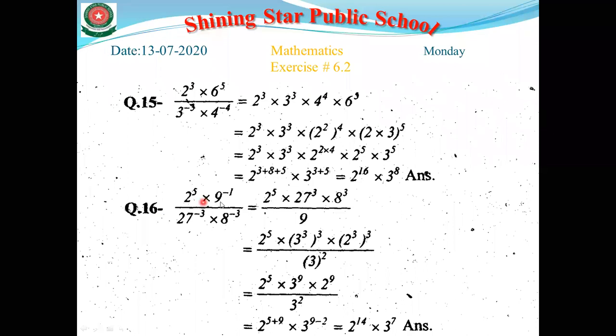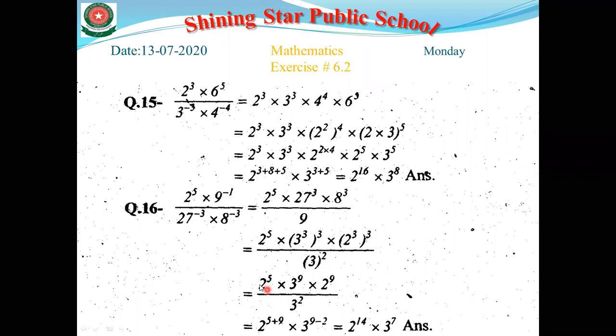2 power 5 multiply 9 power -1, 27 power -3 multiply 8 power -3. When we take 27 up, it becomes 27 cube multiply 8 power 3, and when we take the 9 from the numerator to the denominator, it becomes 9. 2 power 5 multiply 3 cube power 3, 2 power 3 whole cube, and here we write 3 square. 3 3s are 9, cube 3 power 2.